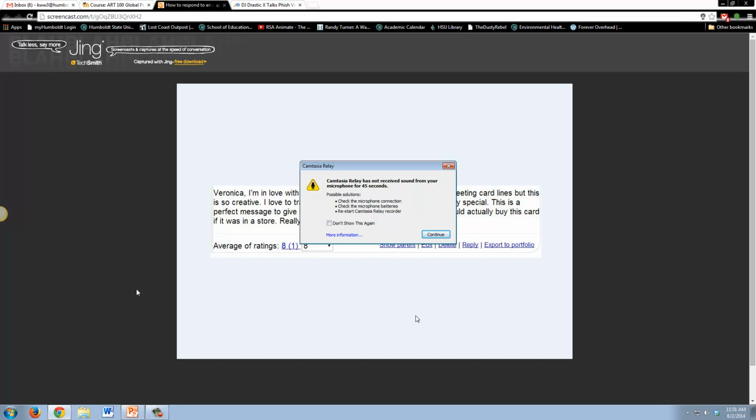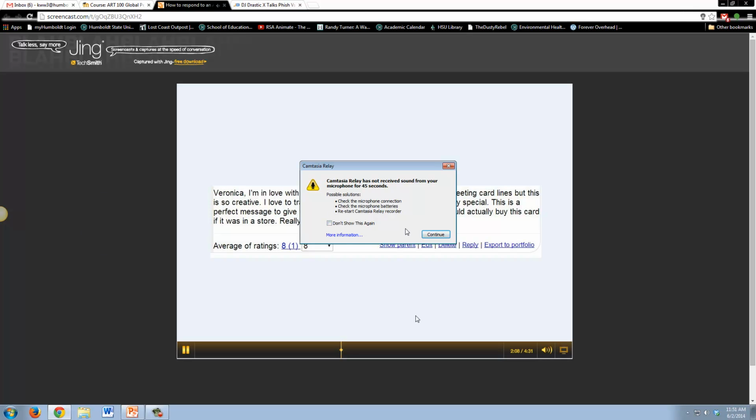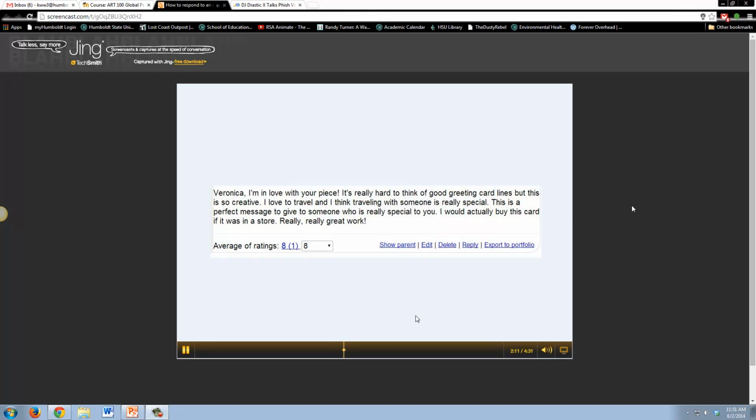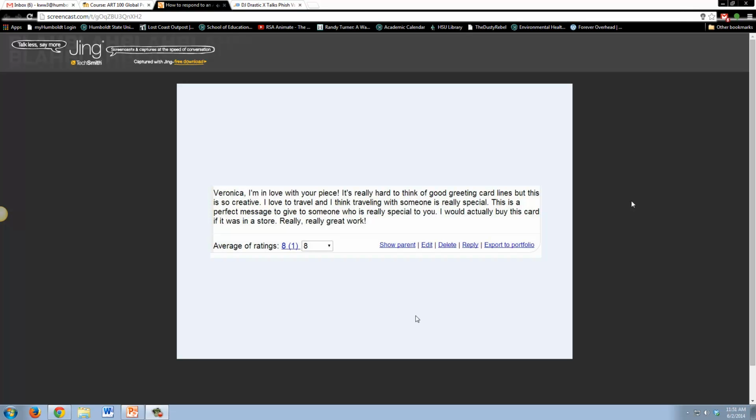The next quote is an example of an 8. Veronica, I'm in love with your piece. It's really hard to think of good greeting card lines, but this is so creative. I love to travel, and I think traveling with someone is really special. This is a perfect message to give someone who is really special to you. I would actually buy this card if it was in a store. Really, really great work. Okay, so there's a lot of emotion and interest in this response, but it doesn't really, again, get up into that area of how or why this person responds so remarkably to this card.